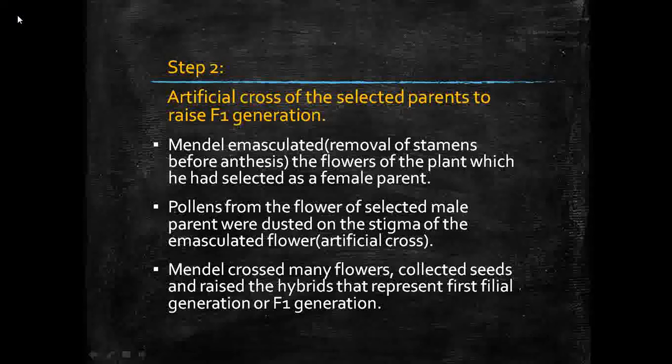So what he does in the second step, artificial cross of the selected parents to raise the F1 generation, is emasculation. Emasculation means removal of stamens before anthesis. The stamens, that is the male reproductive part, are removed so that pollination does not occur. This was done on the flowers of the plant selected as the female parent.